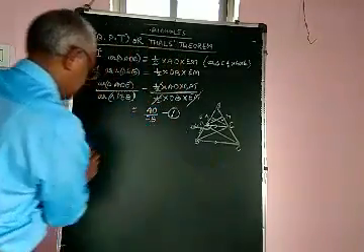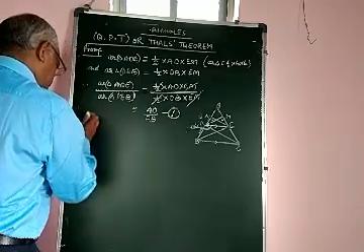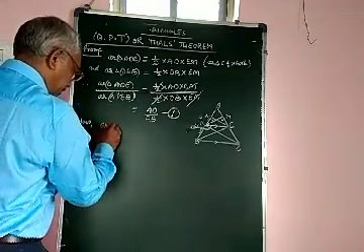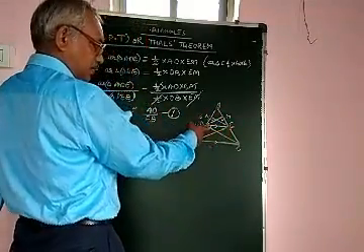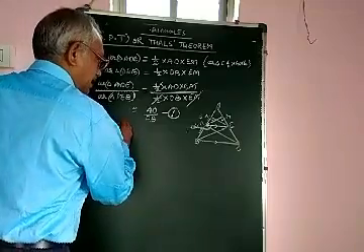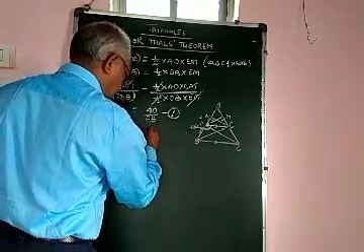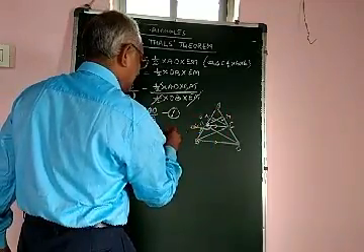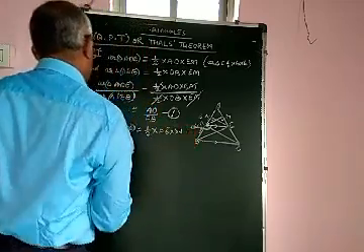Now similarly, area of triangle ADE again, but this time perpendicular is DN. So area of triangle ADE is equal to 1 by 2 into base AE into height DN.